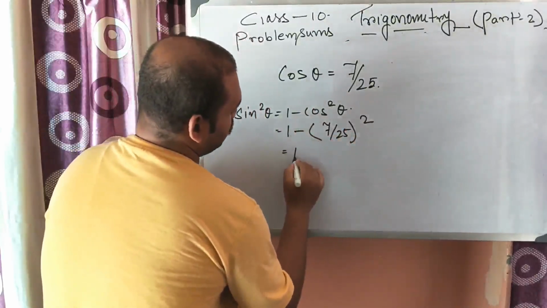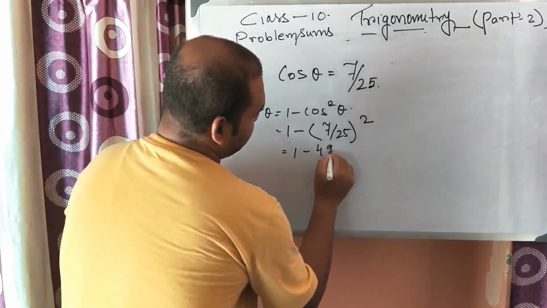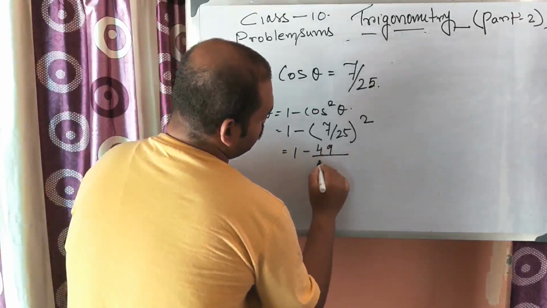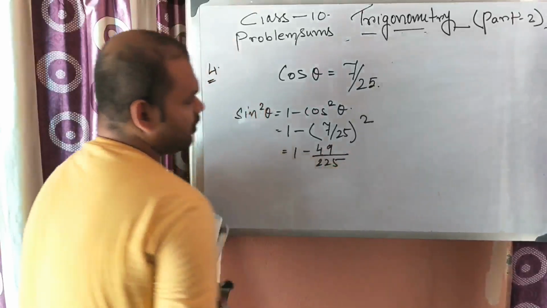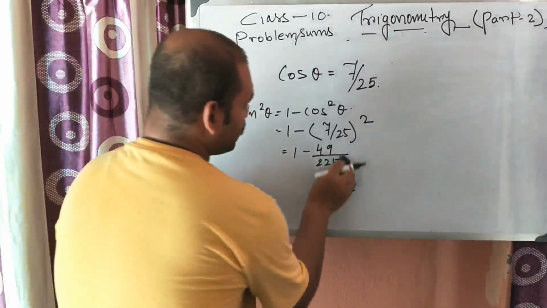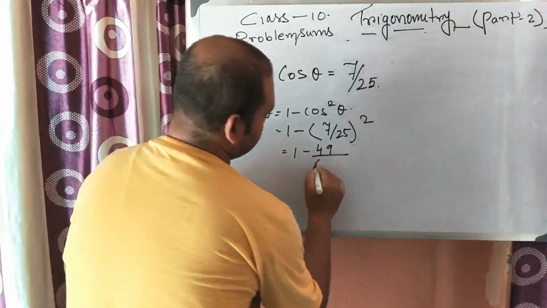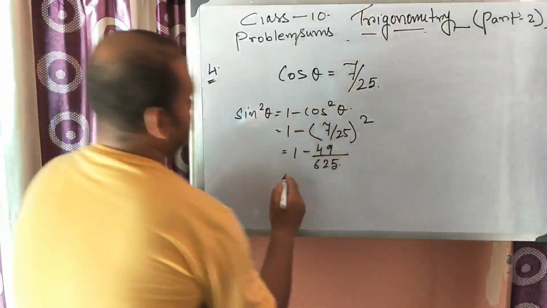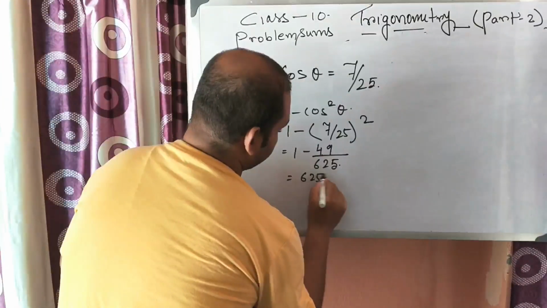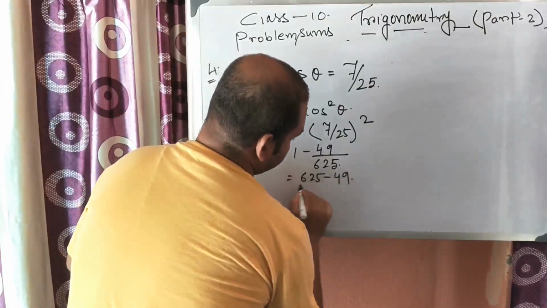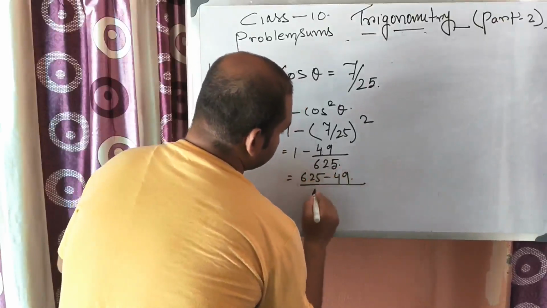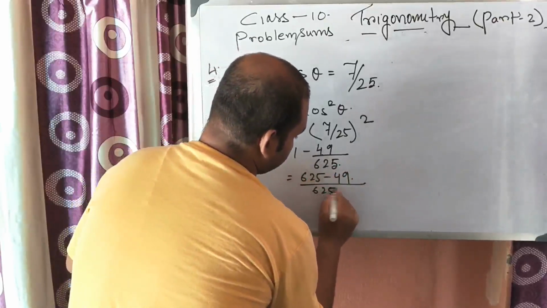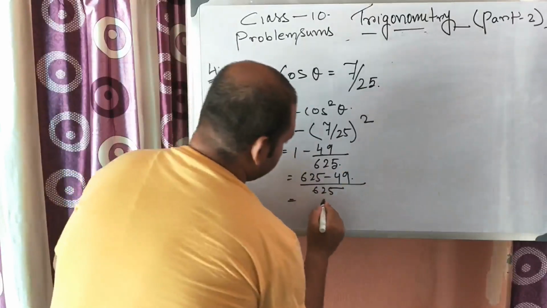So we can write down 1 minus 49 by 625. Okay, tell me. Yes, so it will be 625 minus 49 by 625.